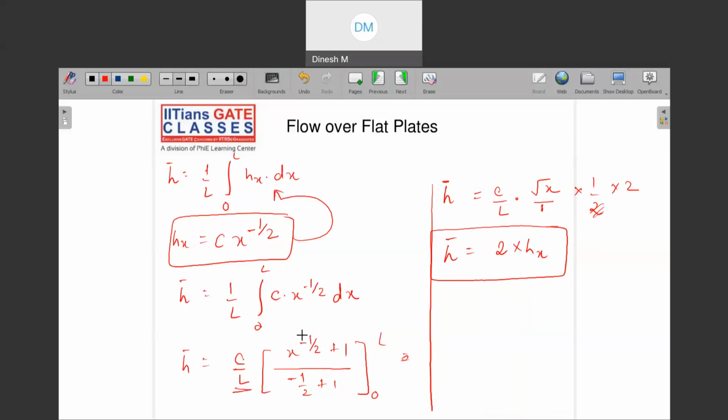So here we have L, here we have root L, then the resultant is nothing but root L. So C upon root L is nothing but hx again. So can I write down that h bar is nothing but 2 times h at x is equal to L? Got the idea? Yes. Okay.